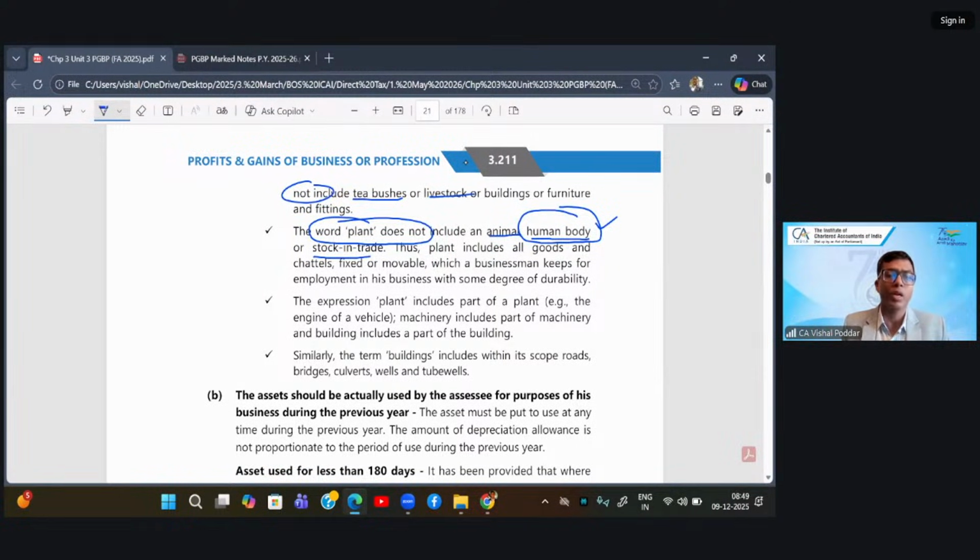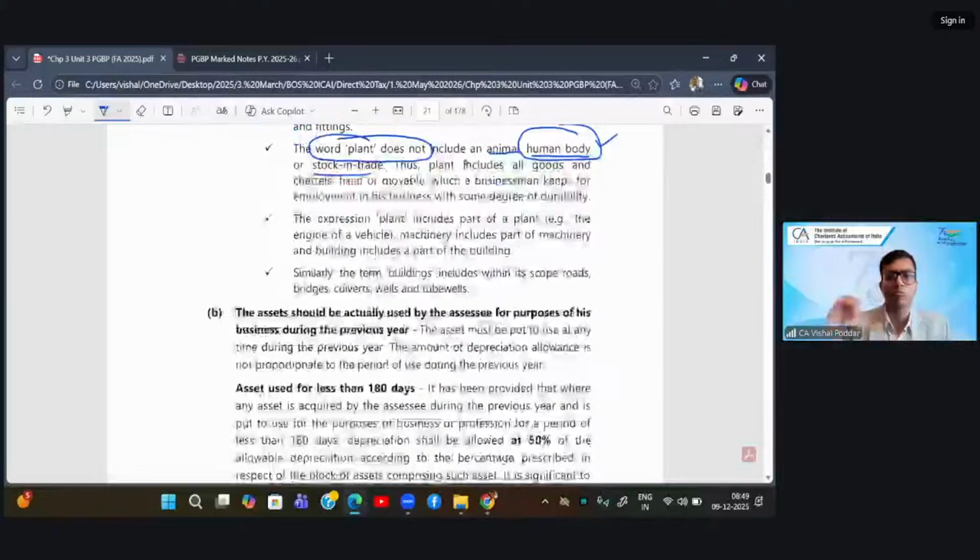But we cannot claim any deduction on their maintenance. We cannot claim any operative expenses where you have undergone some surgery for any of these organs because these are not treated as assets in the first place. So if they are not assets, Section 32 depreciation is not allowed, and Section 30 and 31 repair and maintenance expenses are also not allowed.